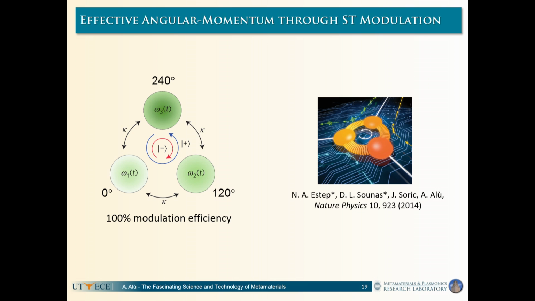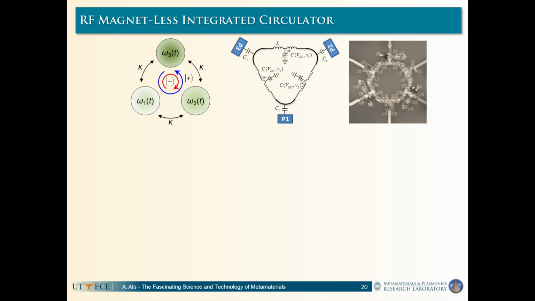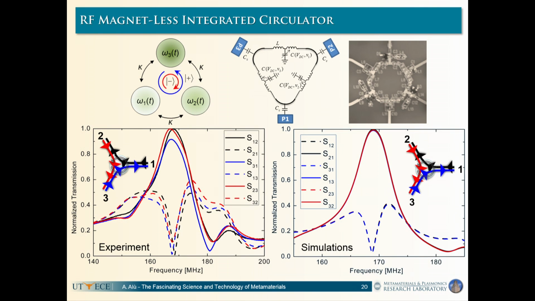And again, the modulation can be much weaker than or much slower than the signal itself for the same reasons. And based on this, we built this RF circuit that essentially realizes a circulator printed on a circuit board without need of magnetic effects. It's just based on components that you can find in a cell phone or in any electronic component. So you can build your circulator on chip.